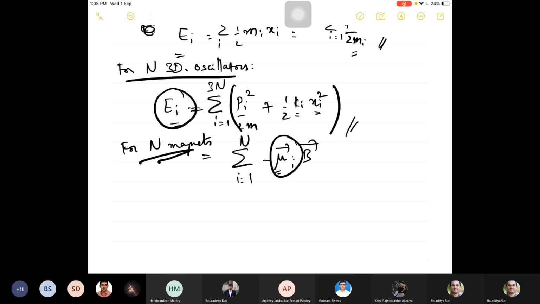Even temperature is a function of the internal energy, and the internal energy is a function of the momenta and the coordinates. So for any classical system, EI is usually a function of all the x_i's and p_i's: x1, x2, up to x3n, and then p1 up to p3n.